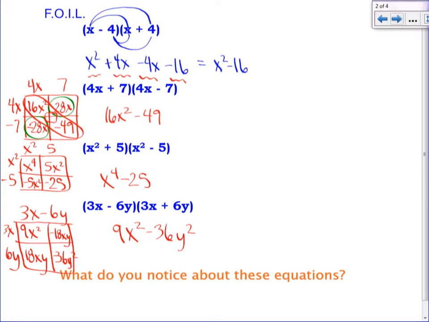Okay, they have something that cancels out. What else is in common? What's similar with all 4 problems? They all have exponents. What else?